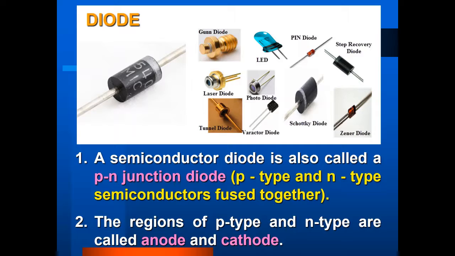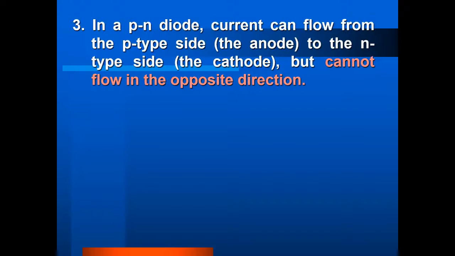That means we have two layers of semiconductor, one is P-type and another is N-type. The regions of P-type and N-type we call the anode and cathode. In a P-N diode, current can flow from the P-type side to the N-type side. That means current flows from the anode to the cathode, but cannot flow in the opposite direction.